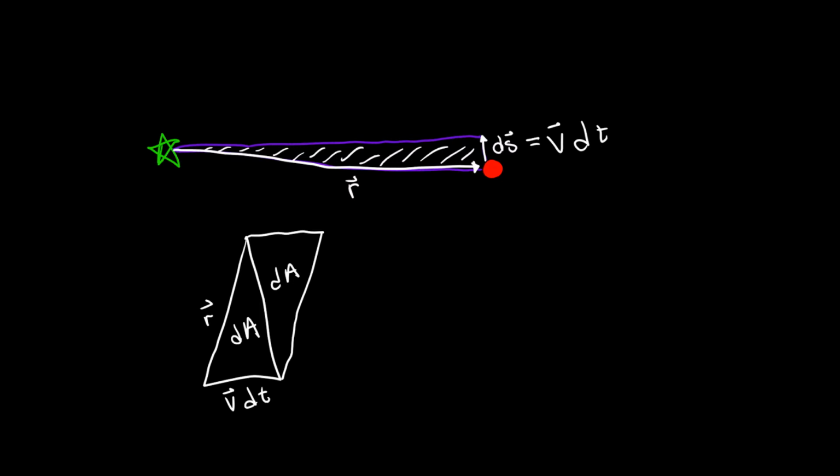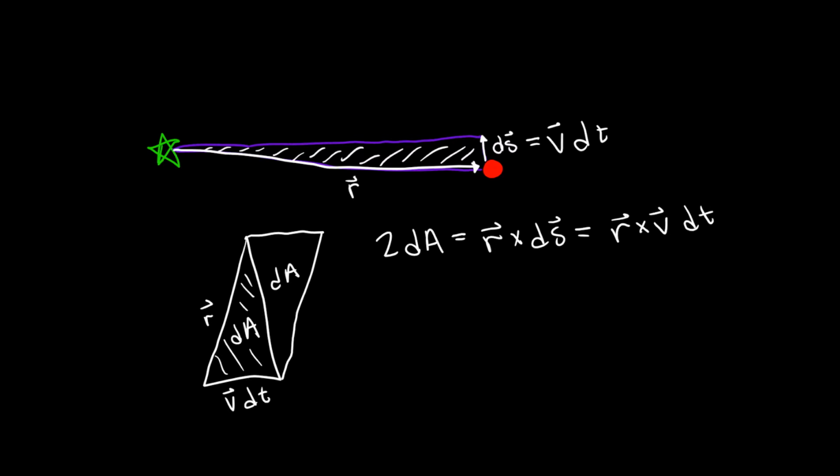So in this case, I can write that 2 times dA, because I have 2 times the area that I actually care about, is equal to r cross ds, which is equal to r cross v dt.